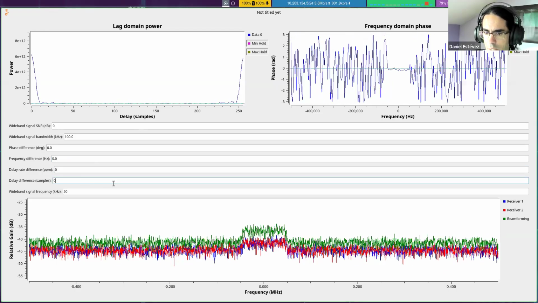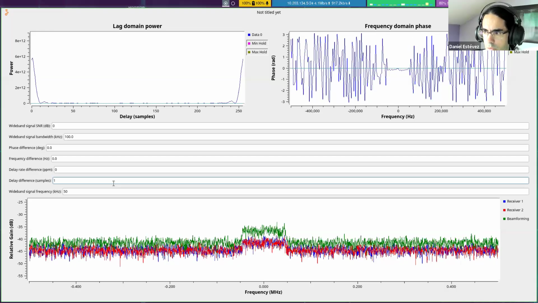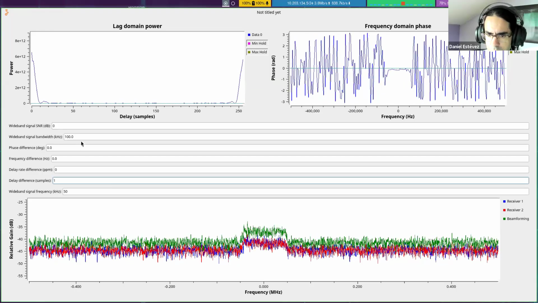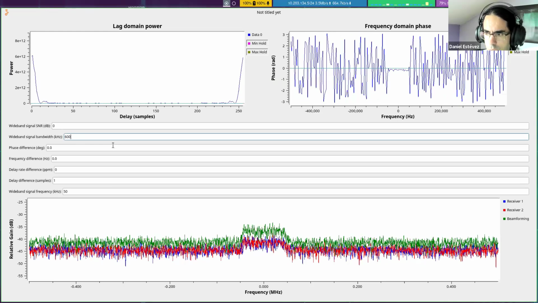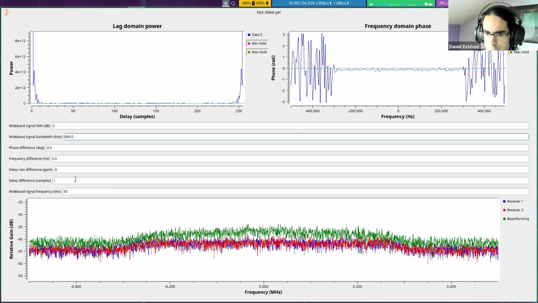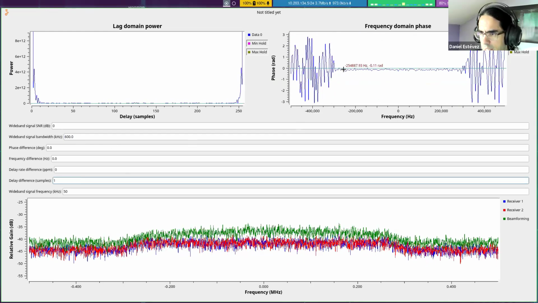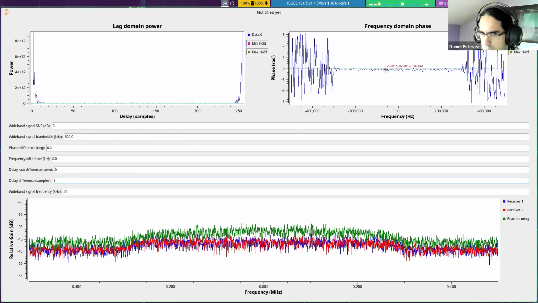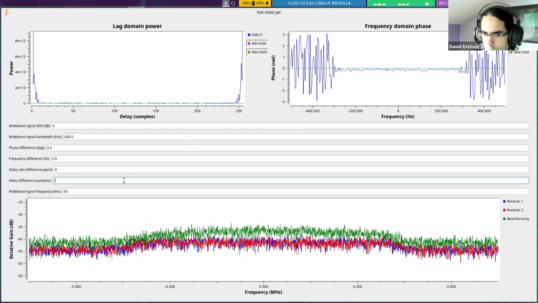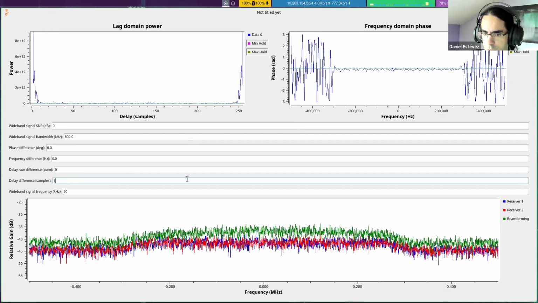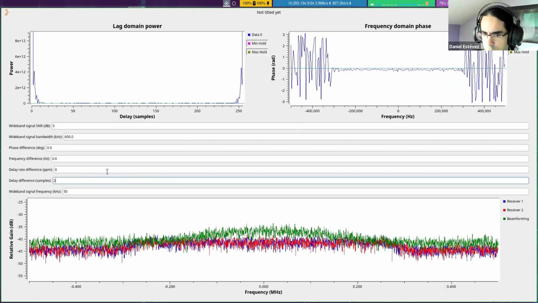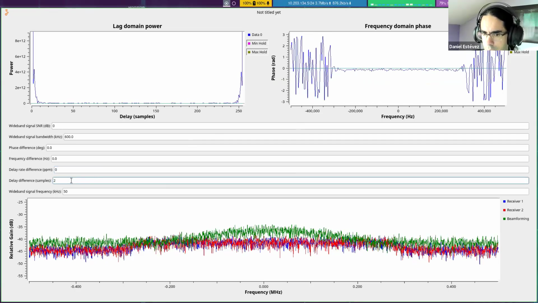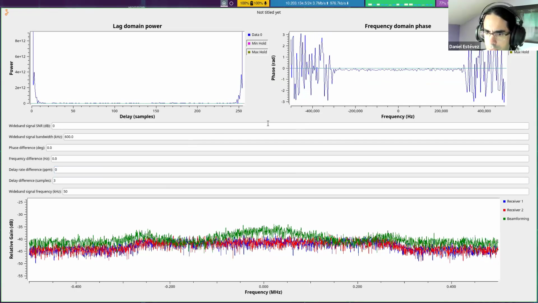How does a delay look? I'm going to set a delay of 1 sample. We cannot see much. Maybe I'm going to make this wider. With just one sample of delay, it's not easy to see, but what we should be seeing is a slope on the phase versus frequency. If I make it 2 samples, then maybe I can see it.